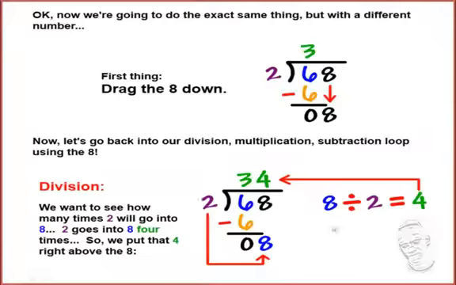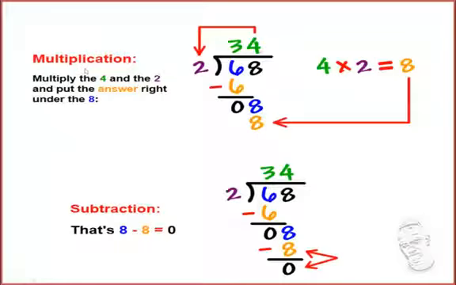Let's go again. We bring down the 8. We first set it up and divide: 8 divided by 2 is 4, or 2 times 4 equals 8. What would be the next step? Very simple, the multiplication step: 4 times 2 gives us 8.